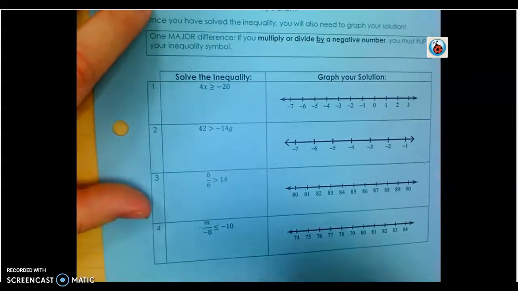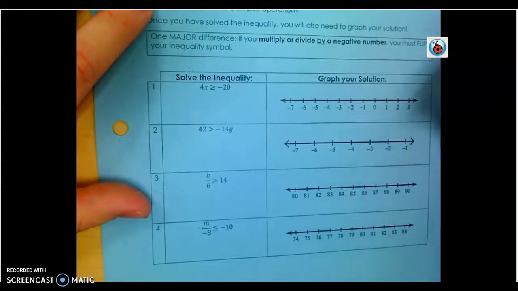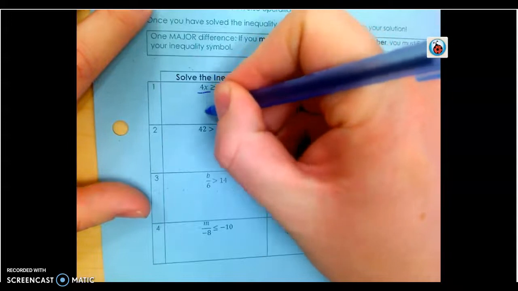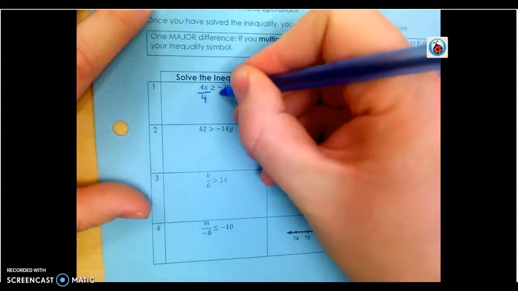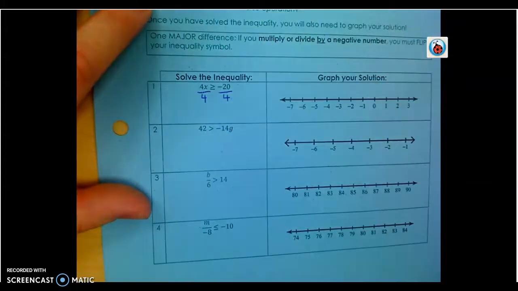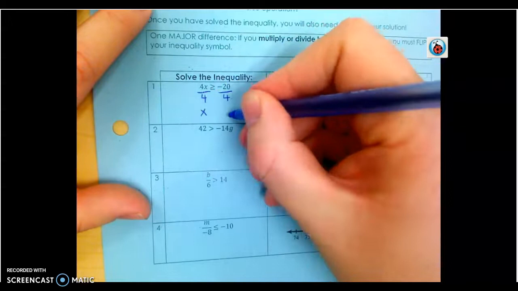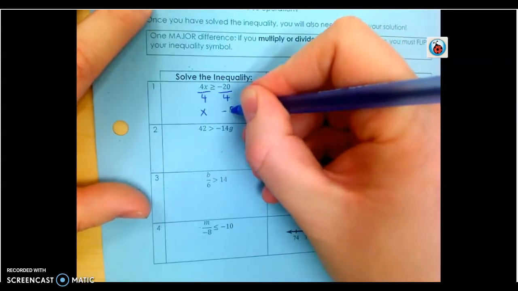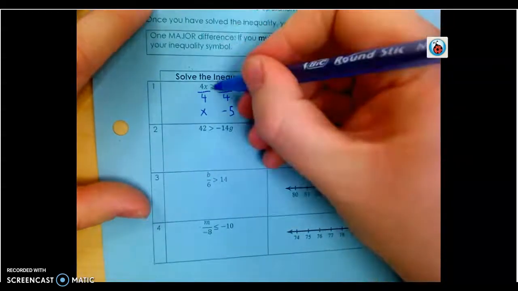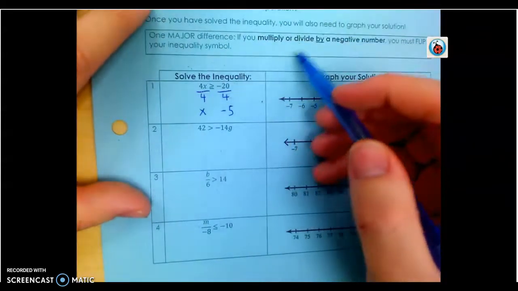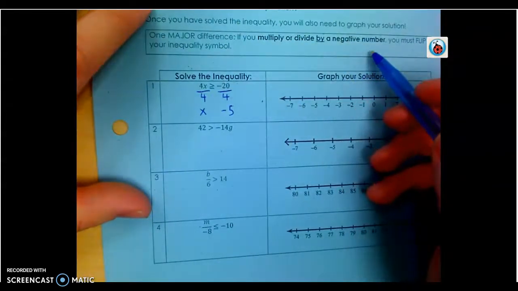All right. So looking at the first inequality here, we got 4x is greater than or equal to -20. So if this was just an equal sign, solve it, we would undo 4 times x with division. And this would become x. This would become -5. Now we need to think about what our inequality would be. Did we divide by a negative number?